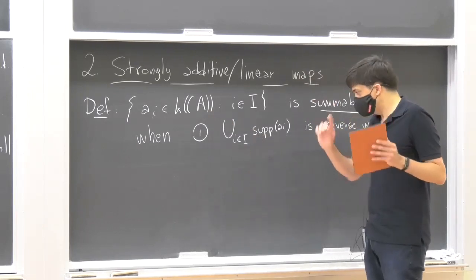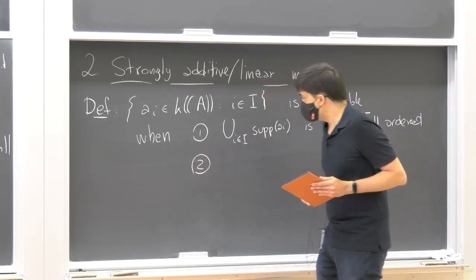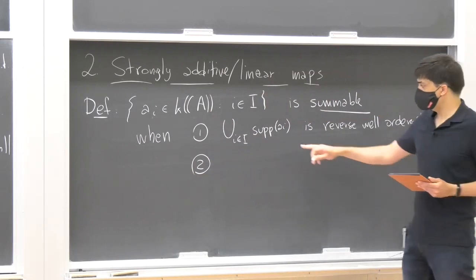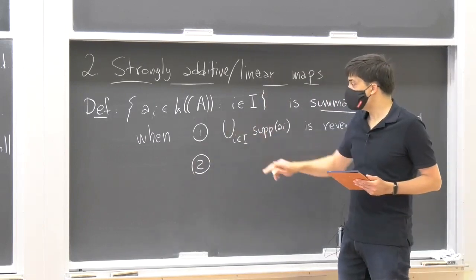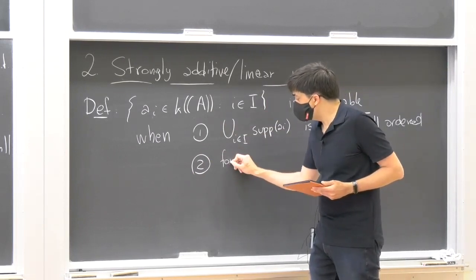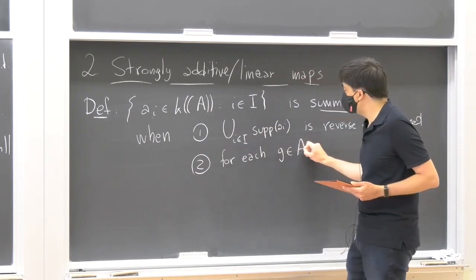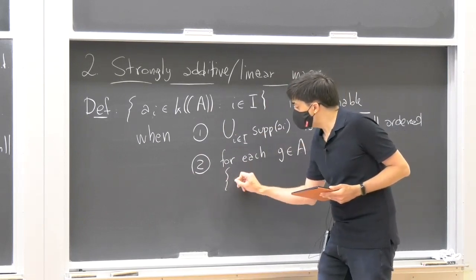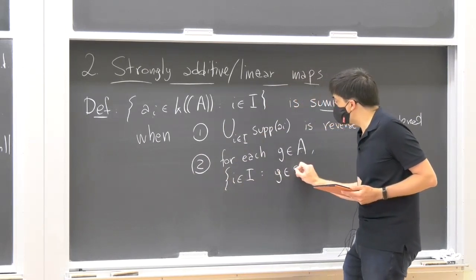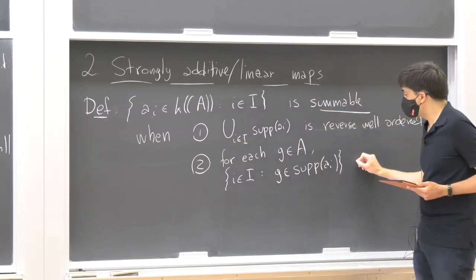There's another technicality there, but nobody ever complains about it, so I'll just leave it there. Basically, I want to guarantee that I'm going to be back in K((G)) right away, and then I want that for each monomial g in G, the set of i's such that the monomial g appears in the support of a_i must be finite.